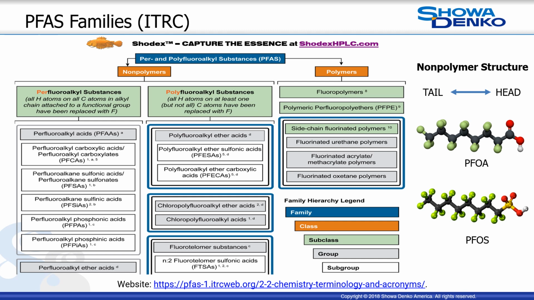Nomenclature is defined as all CF bonds plus the carboxylate carbon or sulfonate group at the end of the chain. For example, perfluorooctanoic acid contains 7 carbons bonded to fluorine plus 1 carbon in the carboxylate moiety, or 8 carbons total, hence octanoic.